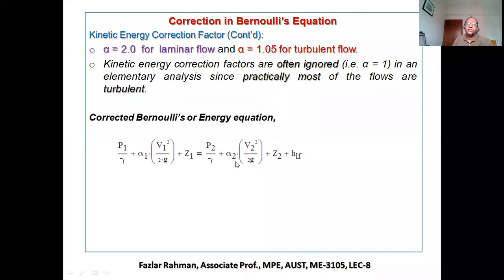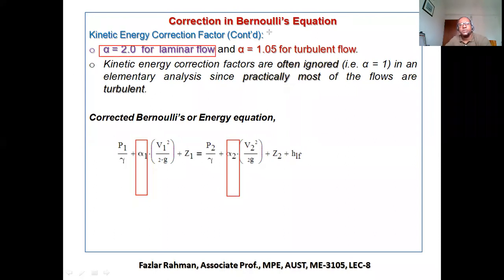Now, you need to figure out the value of alpha. Alpha equals 2 if flow is laminar. So you see there is a significant difference if you ignore alpha 1 and alpha 2 in laminar flow.